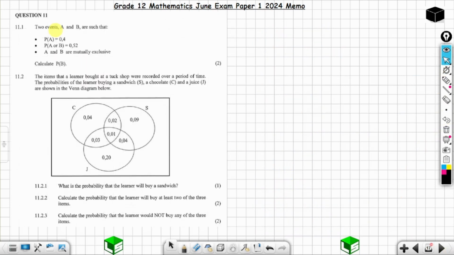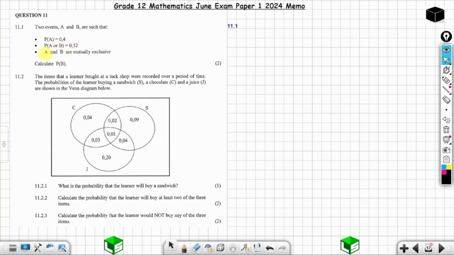Question 11.1. Two events A and B are such that the probability of A is equal to 0.4. The probability of A or B is equal to 0.52. This is union.